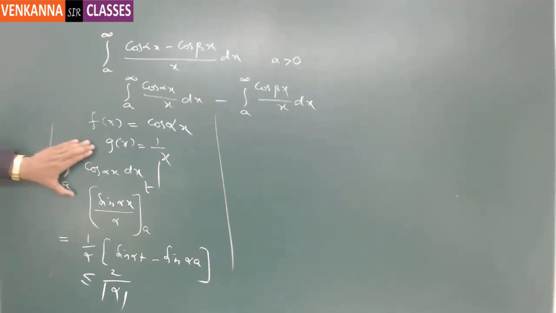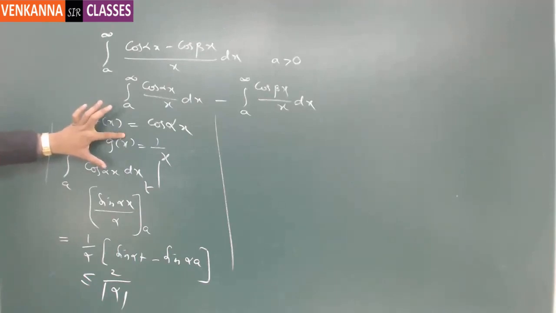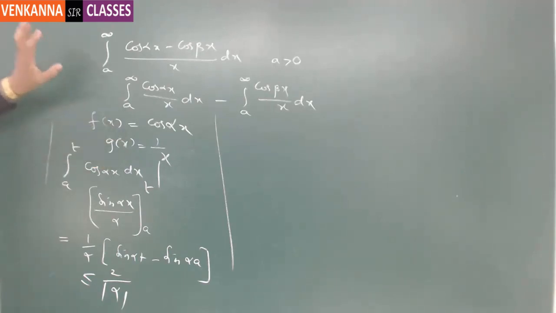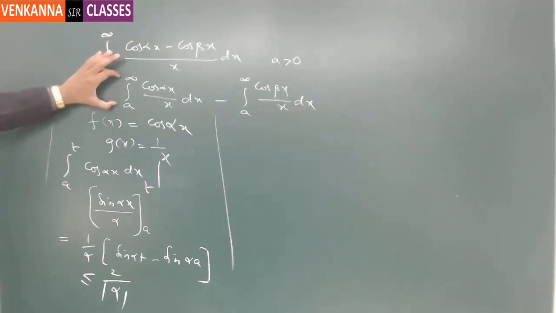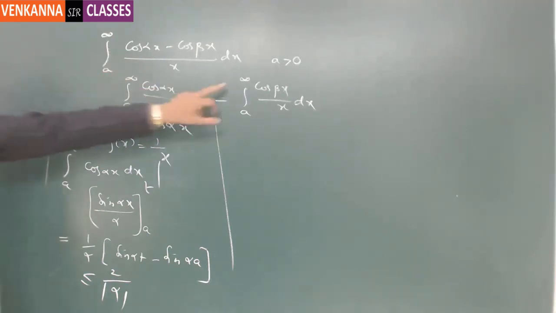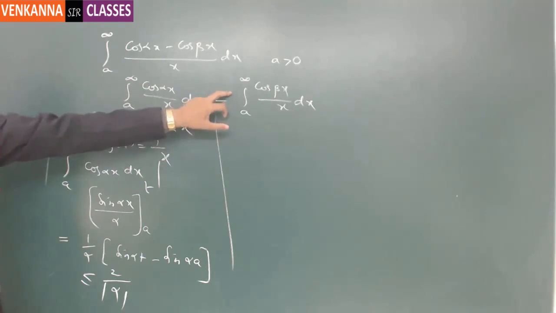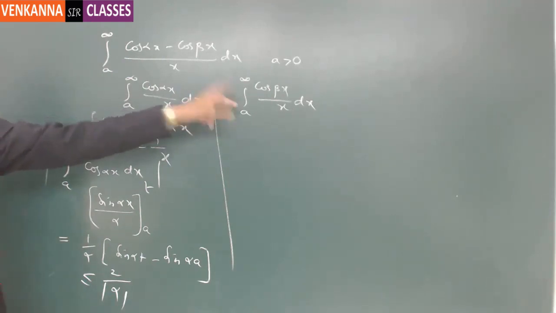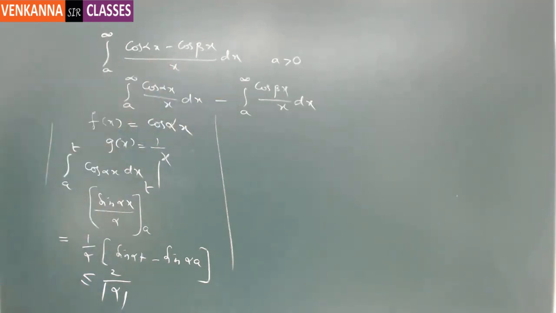Therefore, this is a bounded part. So this is bounded, it tends to 0 and is a monotone function. So by Dirichlet test, this integral is convergent. Similarly, with the same argument, the other is also convergent. Therefore, the given integral becomes convergent. That was the conclusion. Fine.